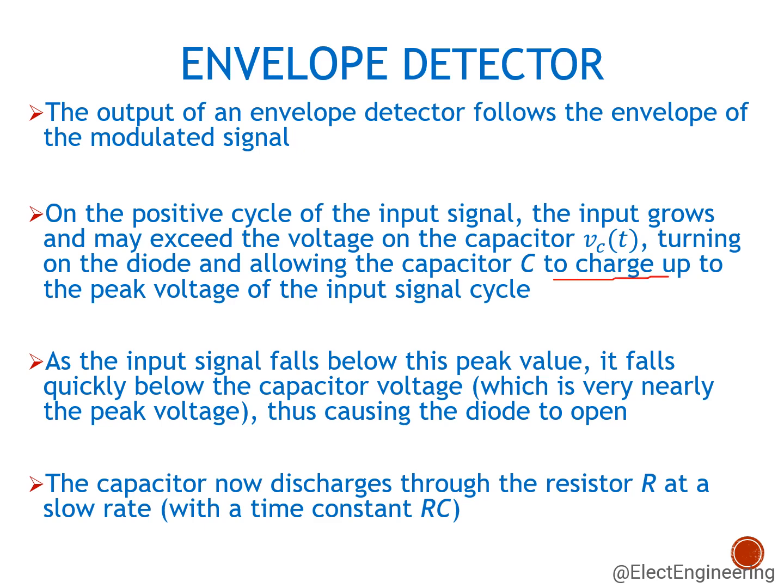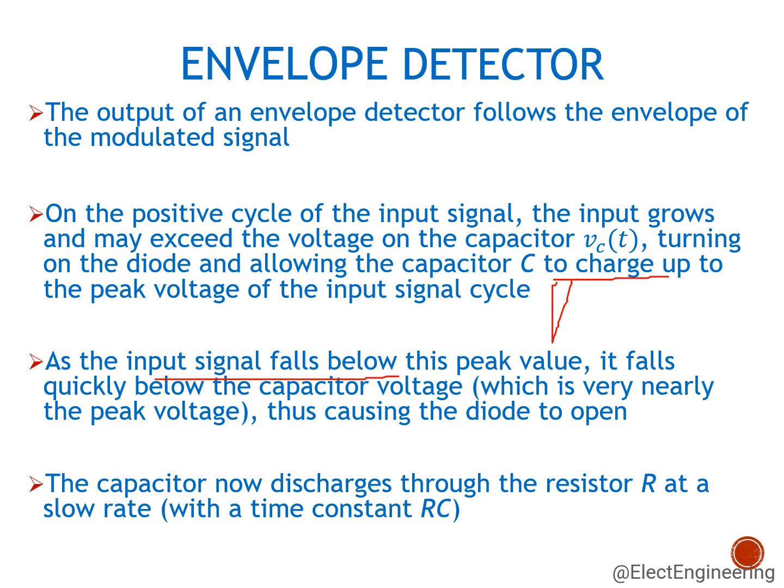Now, if the input falls below this maximum voltage of the capacitor, below this peak value, the capacitor starts to discharge through the resistor R, right? So that's why the discharge time depends upon the RC time constant, right?